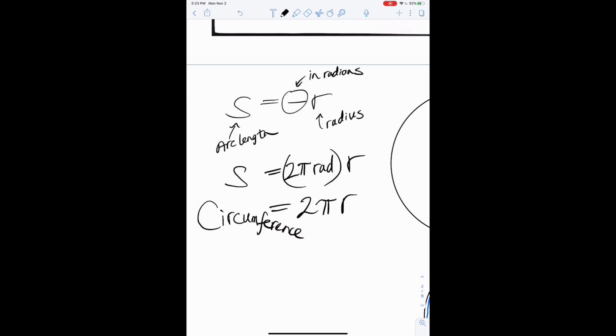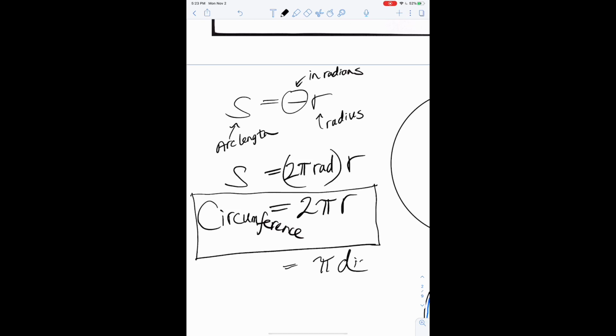So now you can understand that this formula that you've used in math class probably quite a few times, the circumference equals 2 pi r. You might also say, well, 2 times the radius is actually the diameter, so it's the same as pi times diameter. I'm not sure what symbol they use for diameter, if it's little d or big D, but pi times the diameter is the same thing.